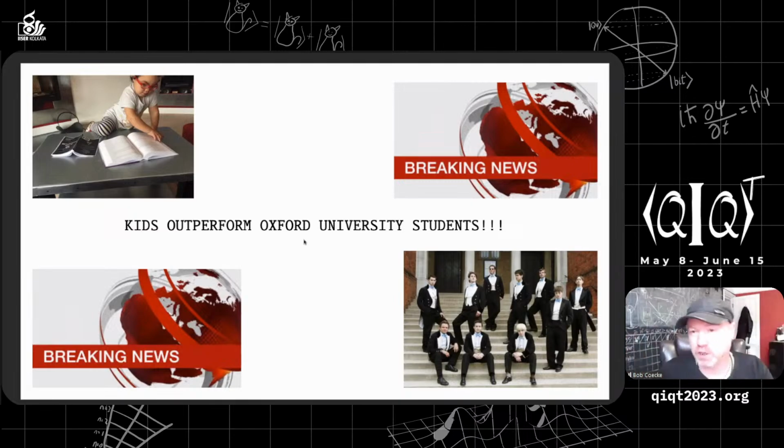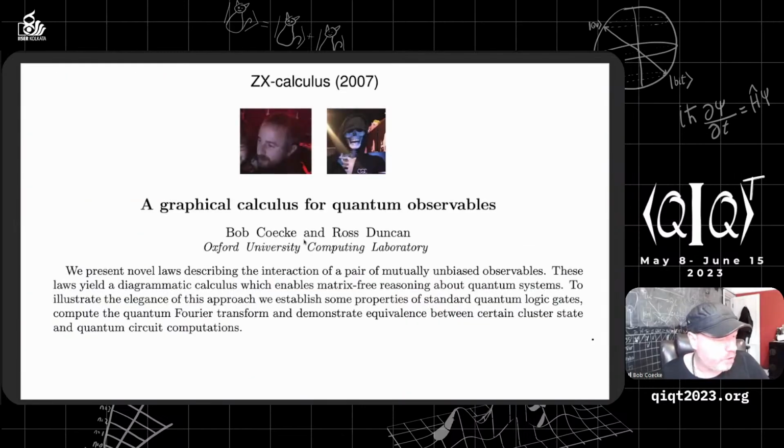Then we're going to give them an exam in the same format as Oxford University, formulated in terms of pictures, because otherwise they wouldn't understand the question. They don't know Hilbert space. The Oxford students get the same questions formulated in Hilbert space. So that's going on now. And then we hope to show that teenagers can even outperform Oxford University students on certain tasks with these diagrams.